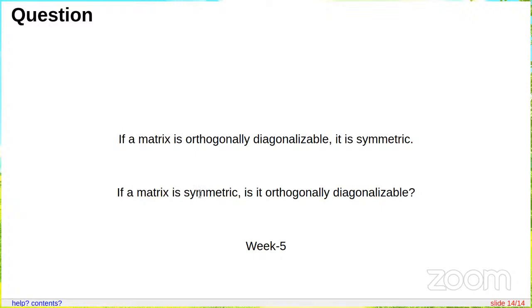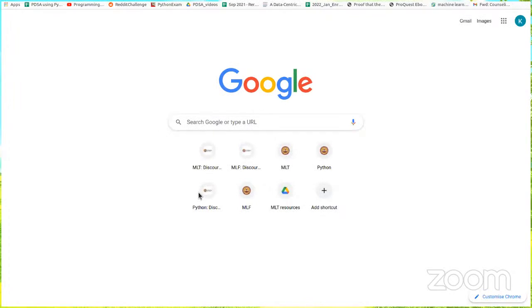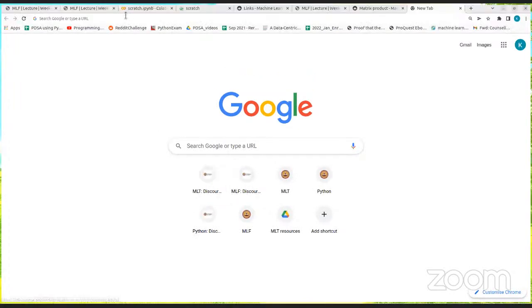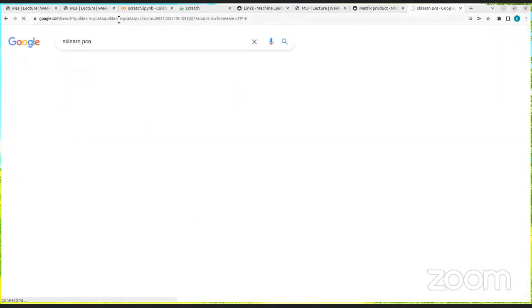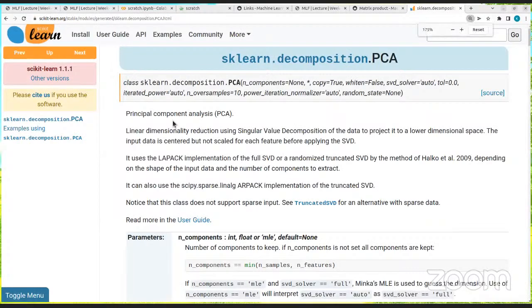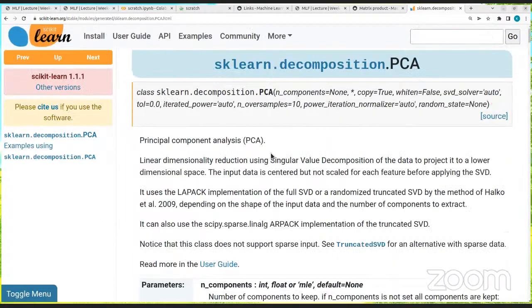Now all this is required for one concept called SVD or PCA, right? So if you look at this popular ML package, this is some kind of a dimensionality reduction. If you remember dimensionality reduction, we studied it in week 1, or Professor Harish was mentioning that it's a good idea to reduce the dimension of your data matrix, right?